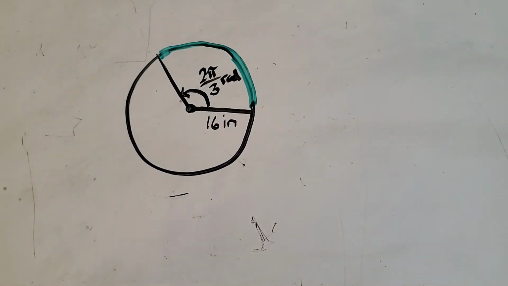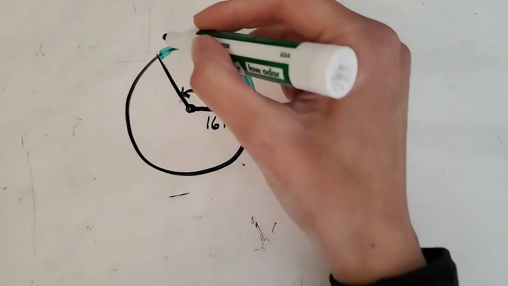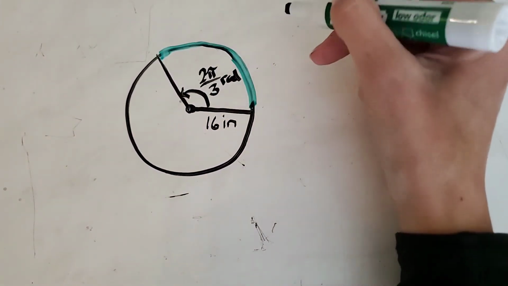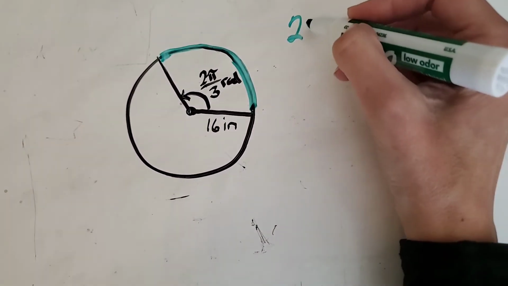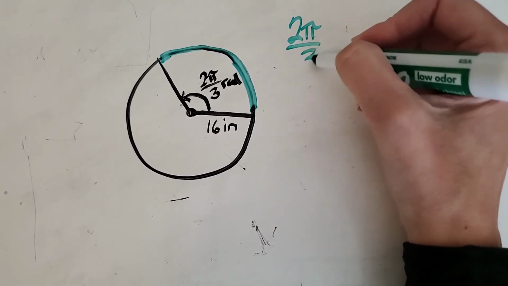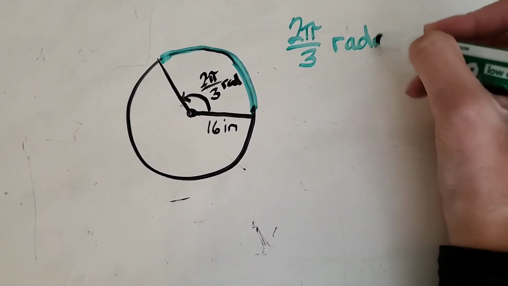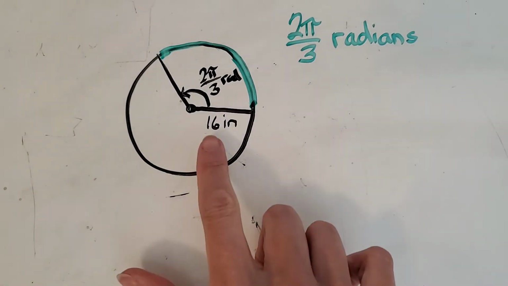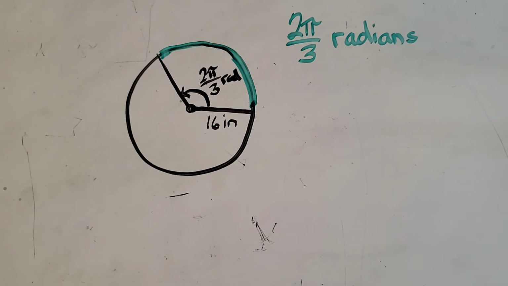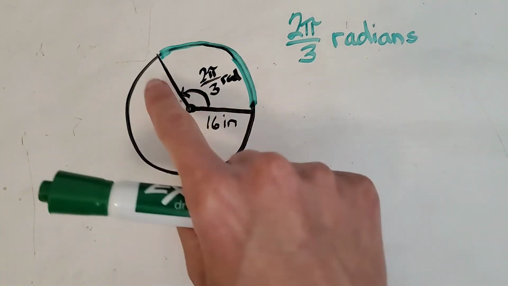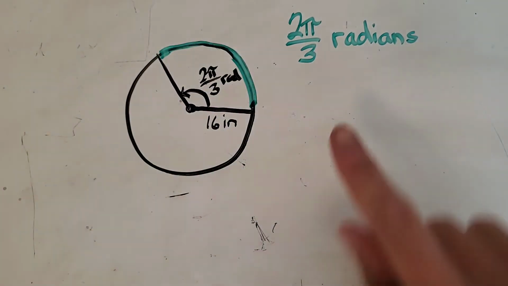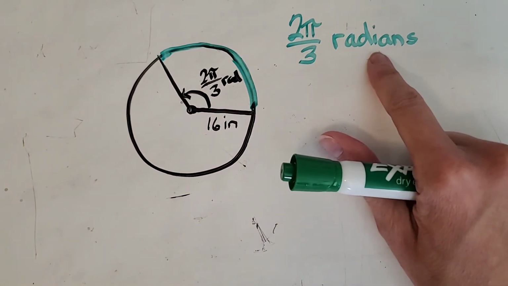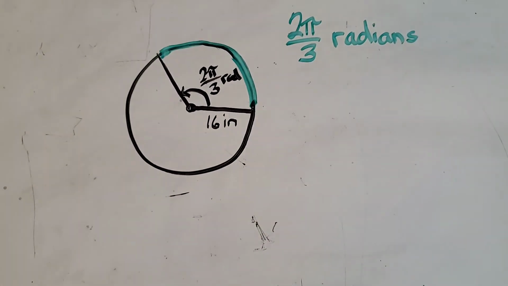That one right there. Well, I know that that intercepted arc is 2 pi over 3 radians. Doesn't matter the size of the circle, whether it's a unit circle or here we've got a radius of 16 inches. It is still 2 pi over 3 radians because this is a unit of measurement based off of the radius of the circle.